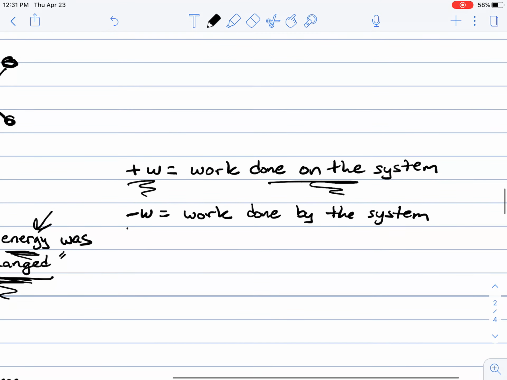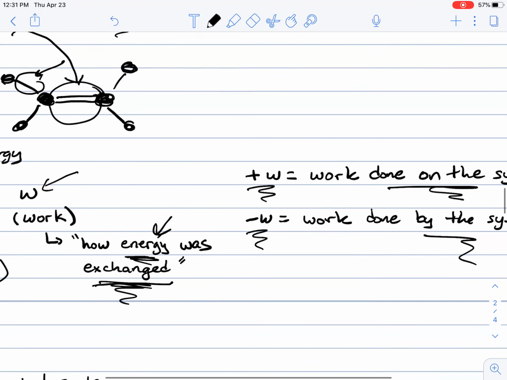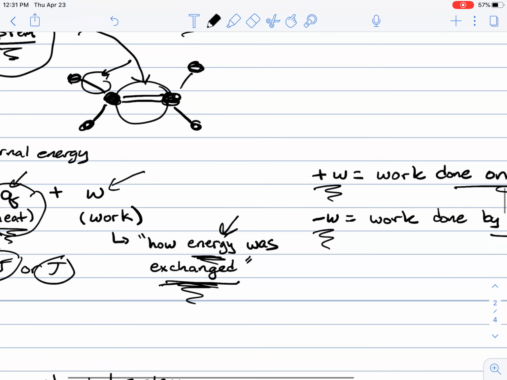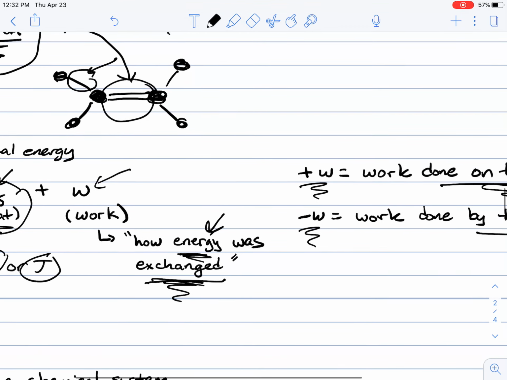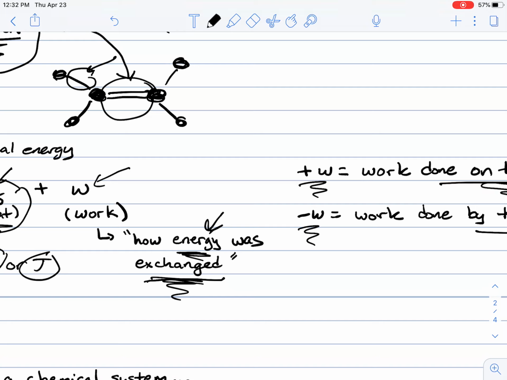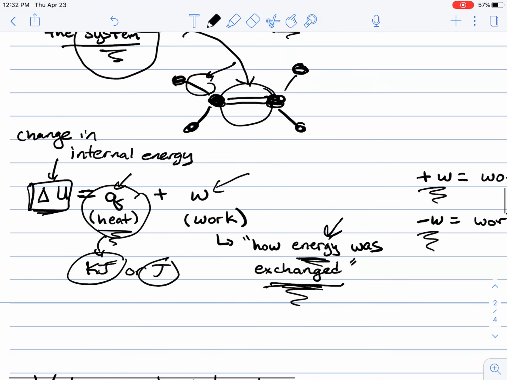And if work is negative, then work was done by the system. In terms of energy exchange, that means the system is losing energy to the surroundings, and that's just a form of work. This idea of energy exchange.